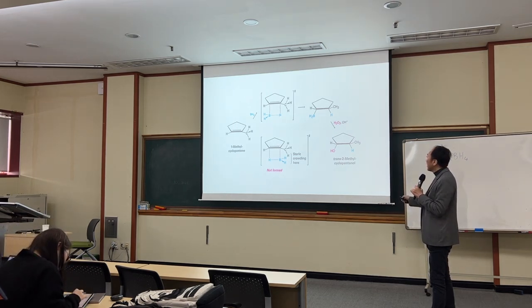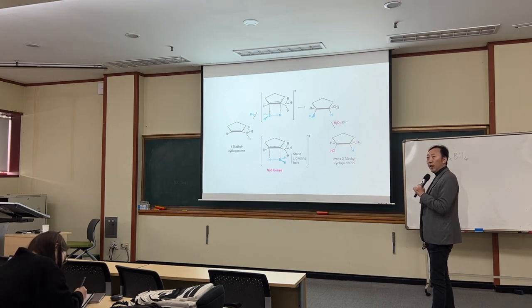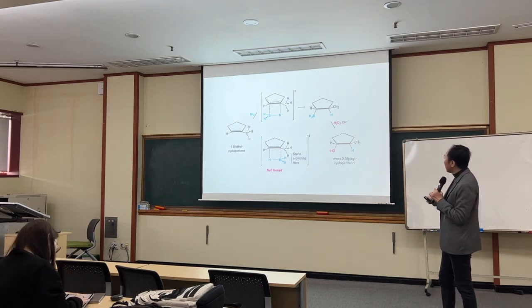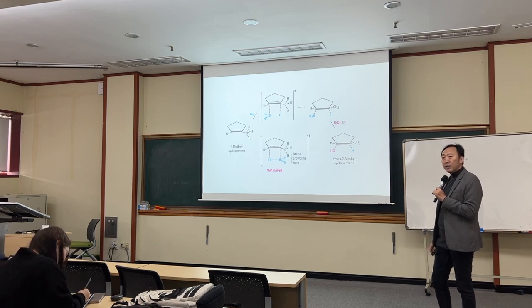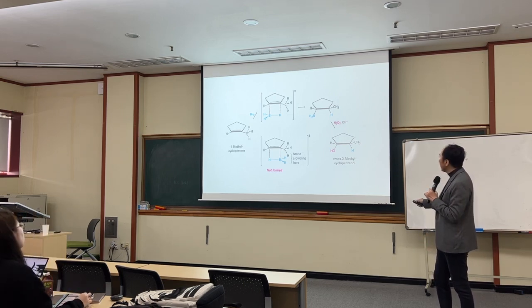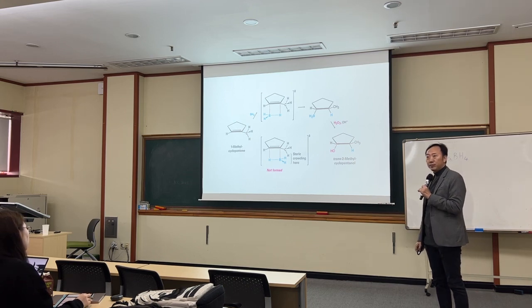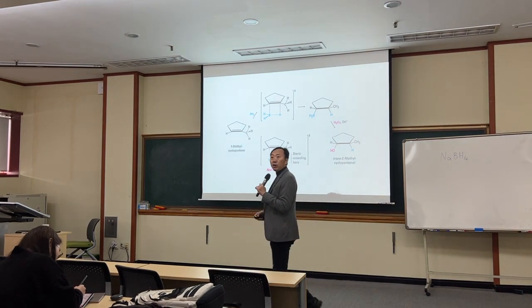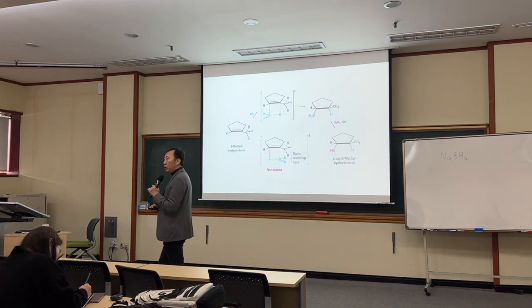That's why hydrogen is donated to this position, and at the less substituted position BH2 is added. And in the workup, by adding hydrogen peroxide, this is replaced by OH. Then, as the end product, starting from here in the hydration reaction, the OH addition position is not the more substituted position, this is the less substituted position. Result-wise, this is the anti-Markovnikov product. It's the opposite of the mercury situation.